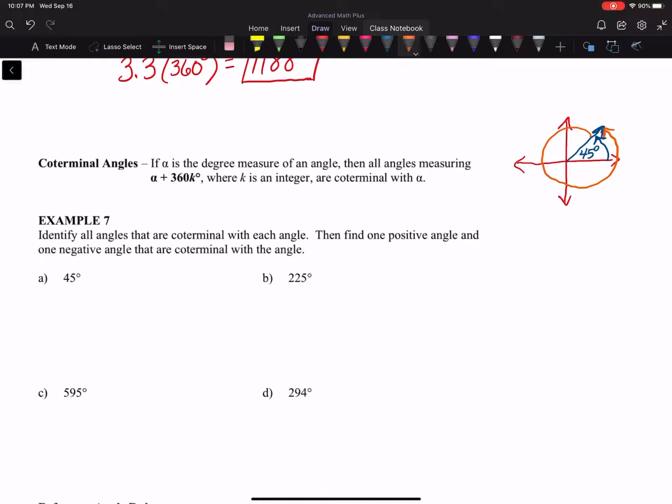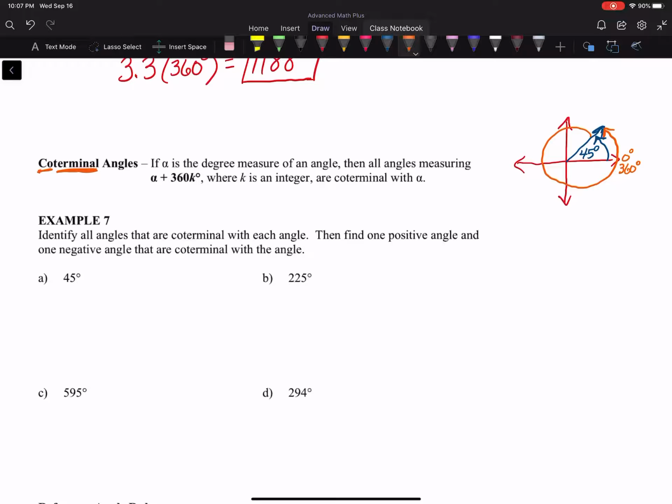Well, if we did that, we would be going all the way around to here, from 0 degrees to 360 degrees, and then we'd be going 45 more degrees. So a coterminal angle, okay, co-terminal, that means they share a terminal side.